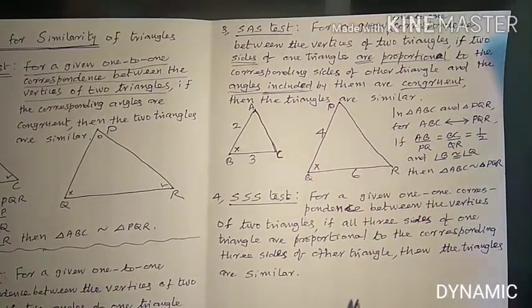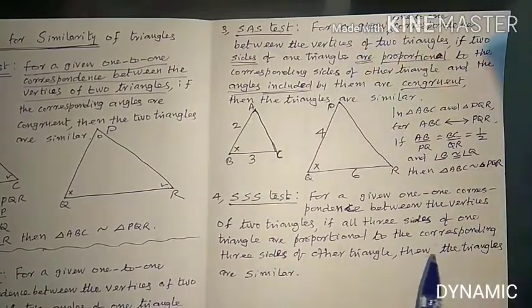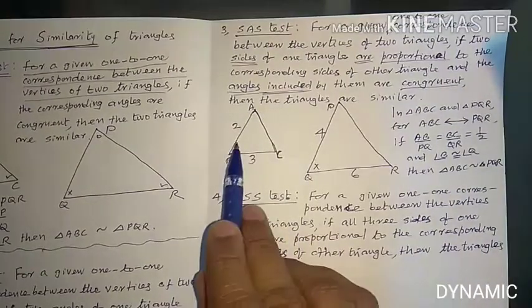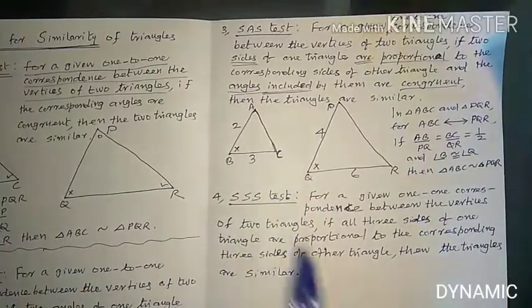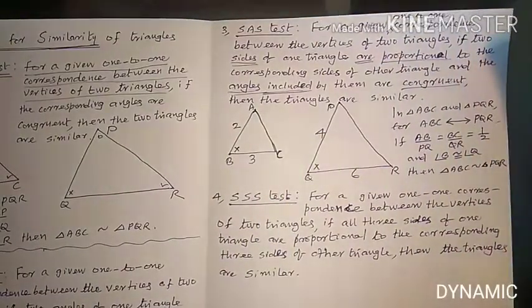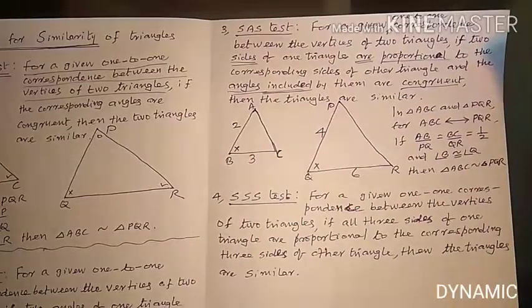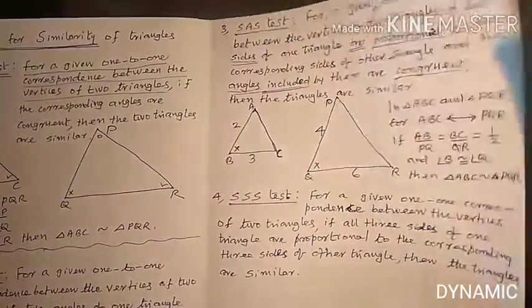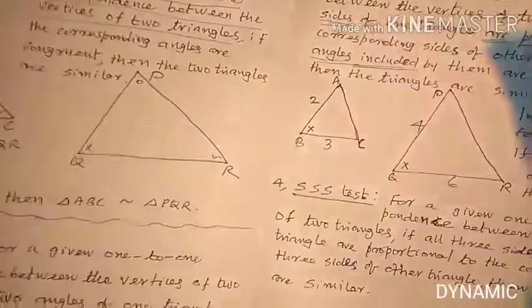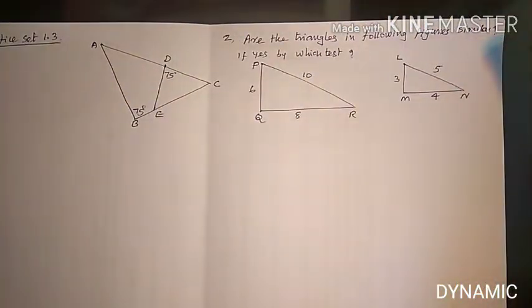Here all three sides are proportional: first upon first, second upon second, third upon third, like sides are proportional. Then the triangles are similar by SSS test. These are the theorems, theory part you have to remember in doing problems.